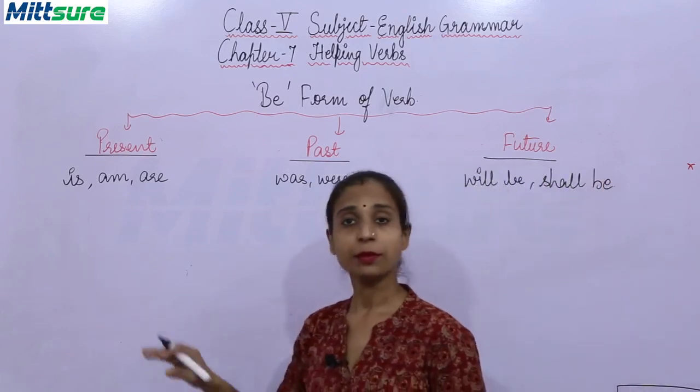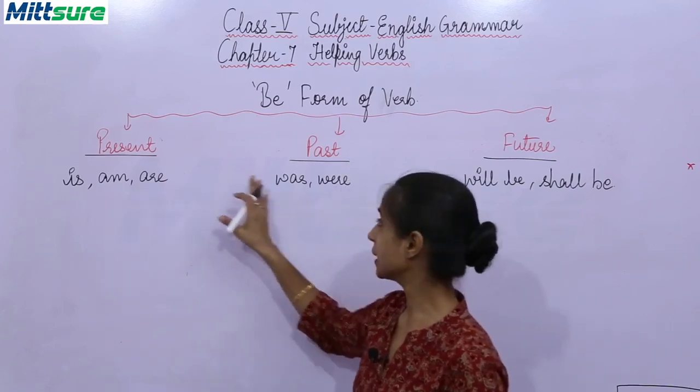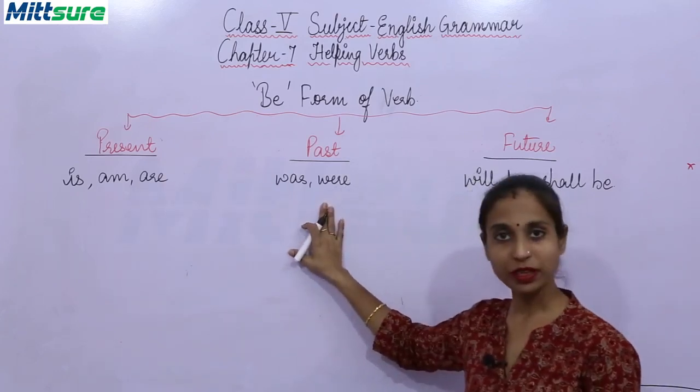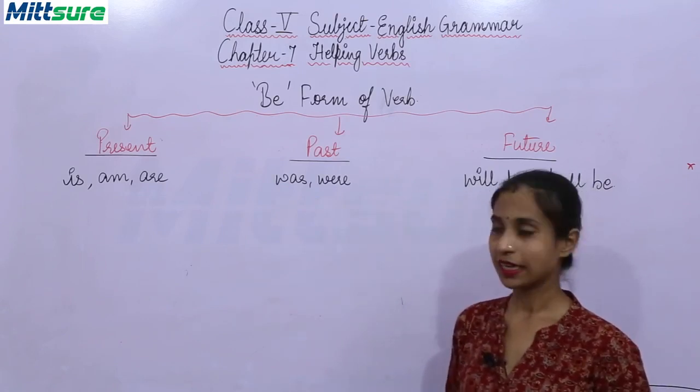These are the present tense helping verbs, be form of verb. These are the past tense be form of verb, and these are the future tense be form of verb.